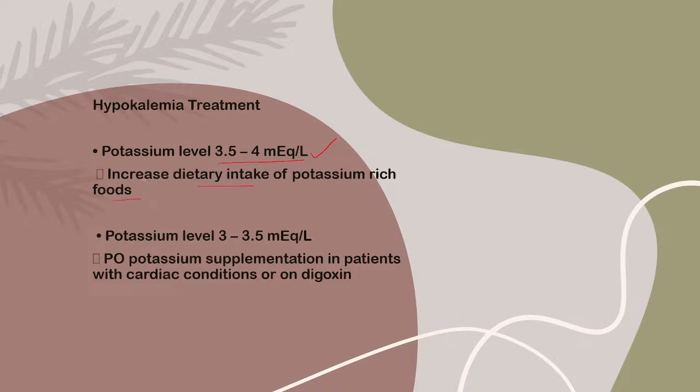We will tell the patient to increase dietary intake, for example bananas and coconut water. These are foods which are rich in potassium. So if the potassium level is between 3.5 to 4, we will tell the patient to increase dietary intake.